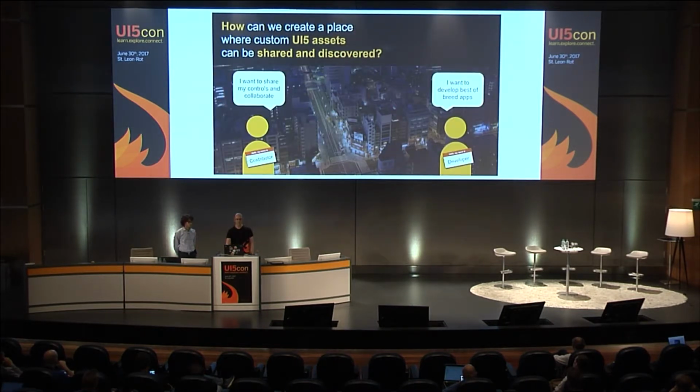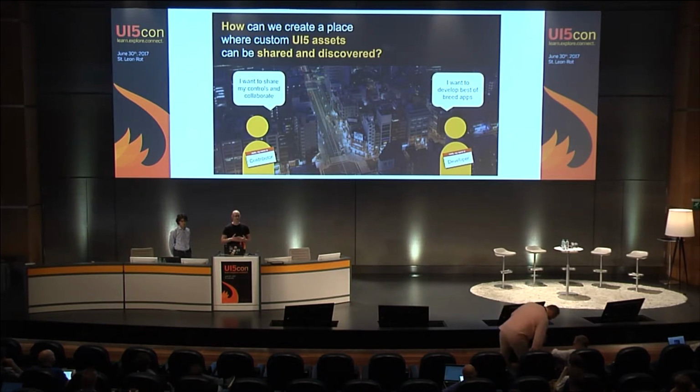So our main mission in this project was, how can we create a place where custom UI assets can be shared and discussed? If you take a look, there are two different personas involved in this process. There's one person that usually creates an asset for his project and wants to share it, or he's looking for contributors to make it even better, or people that make use of it in their projects and improve it for their reasons.